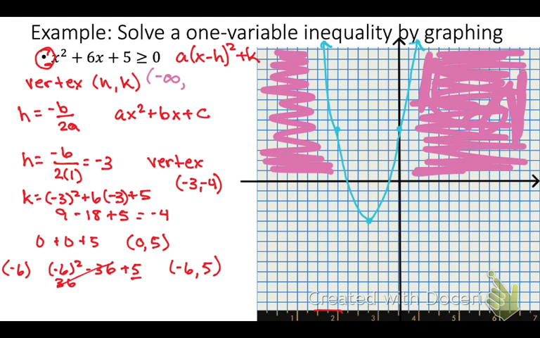Looks like negative 5, doesn't it? Right here? Doesn't that look like negative 5? Yeah. And then that looks like negative 1 to me, doesn't it? Yep. Negative 1 to positive infinity.